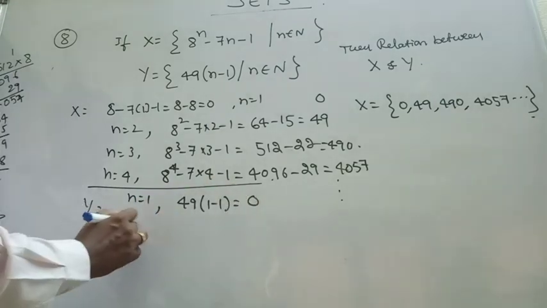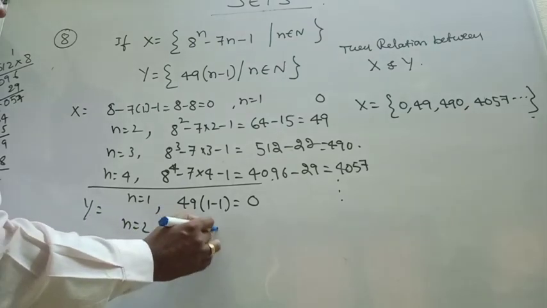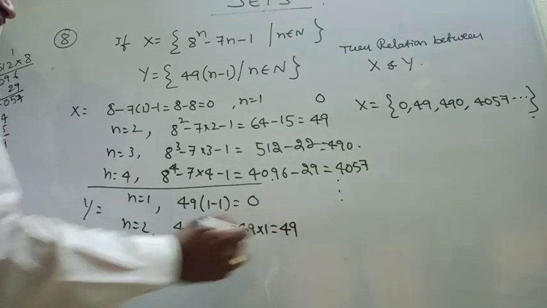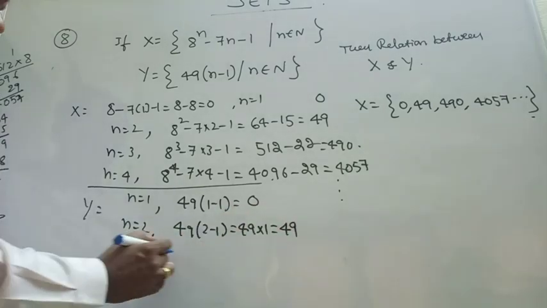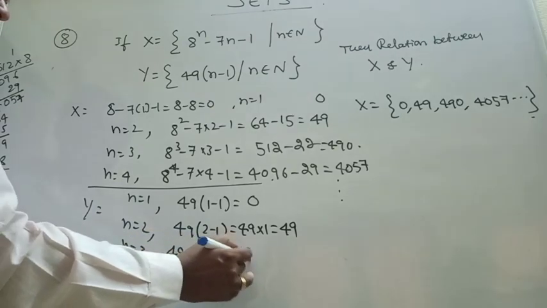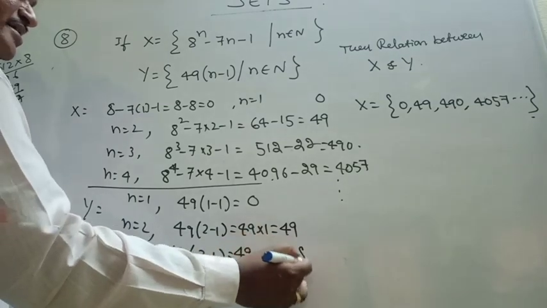When n is equal to 2, 49 into 1, that is 49. When n is equal to 3, 49 into 2, that is 98.